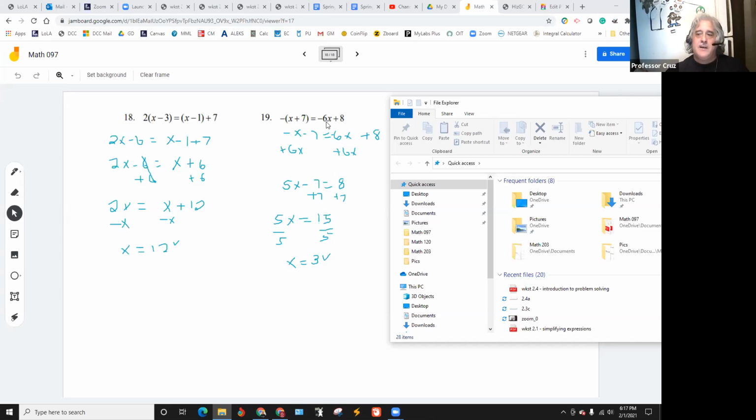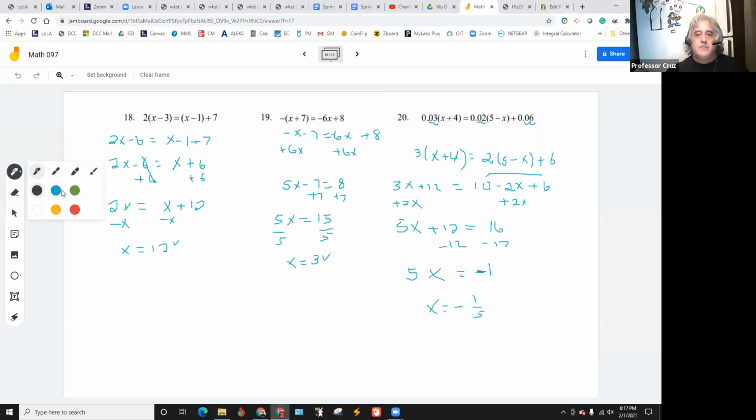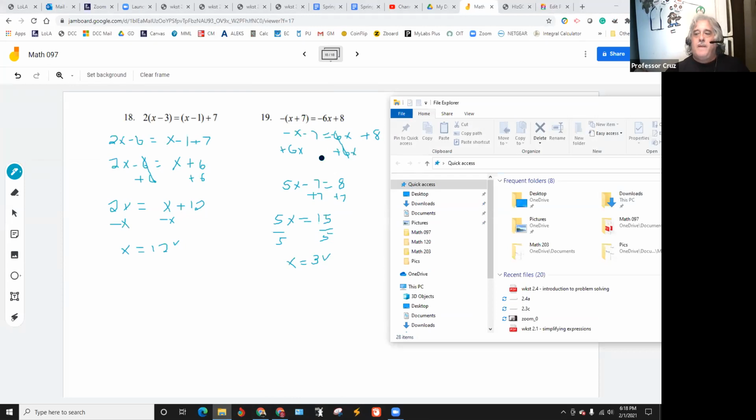On the right-hand side, it's negative 6x plus 8. So it's a negative 6x here, plus 6x, so those are gone. And so negative x plus 6x is 5x, minus 7 is equal to 8.